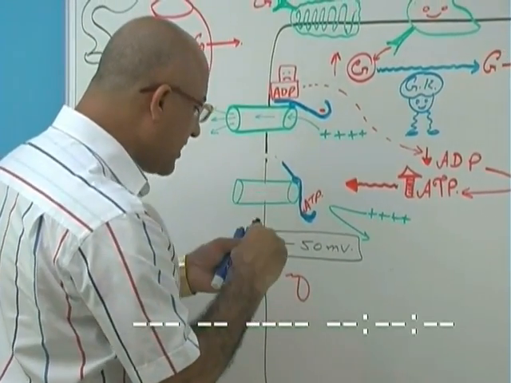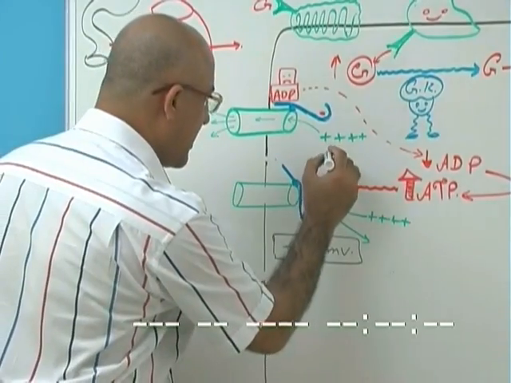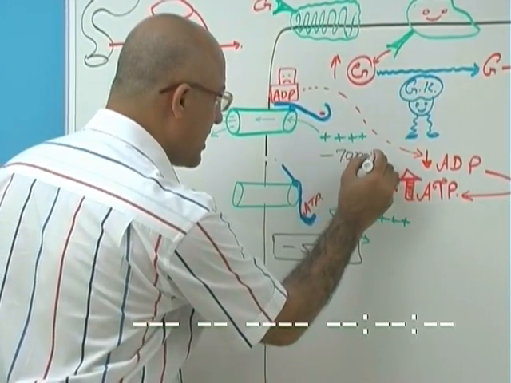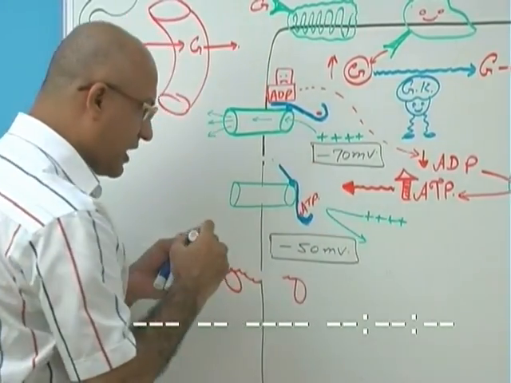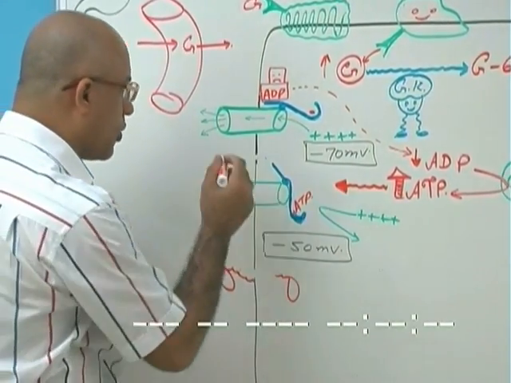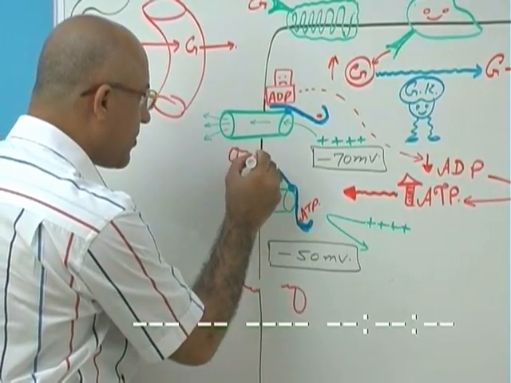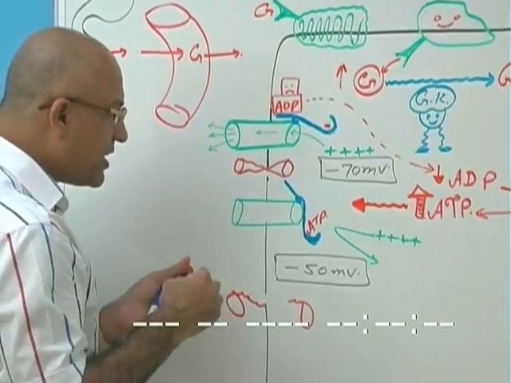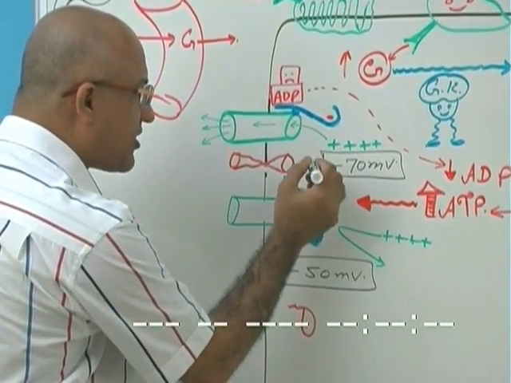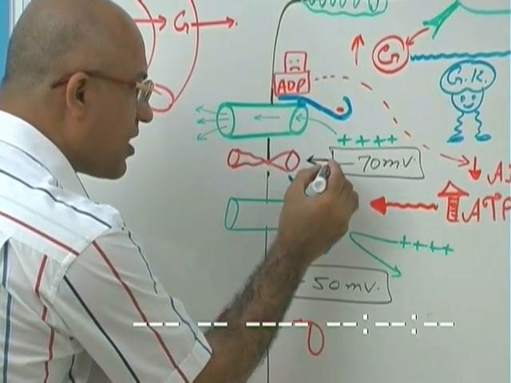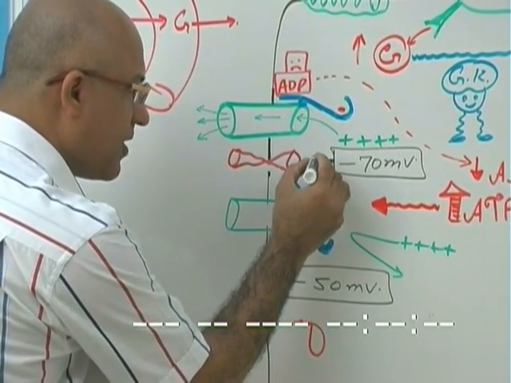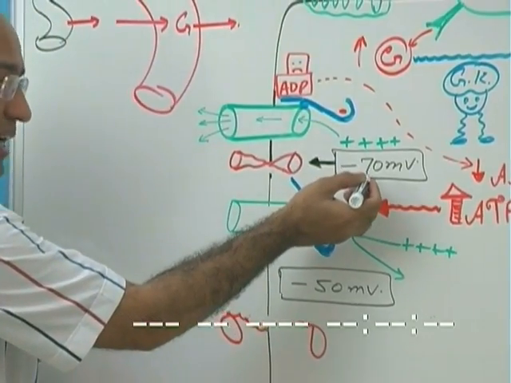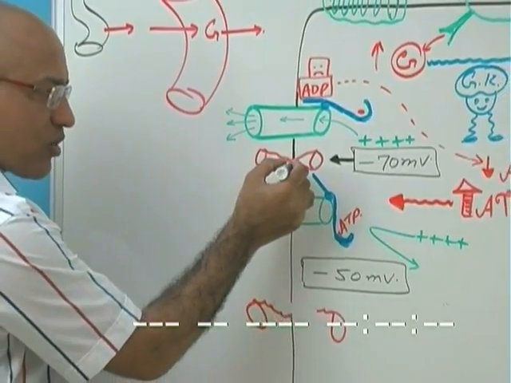Now when the membrane is fully polarized, that is minus 70 millivolt, at this voltage this calcium channel is closed. It means this calcium channel is sensitive to voltage. When the membrane is fully polarized, it remains closed.